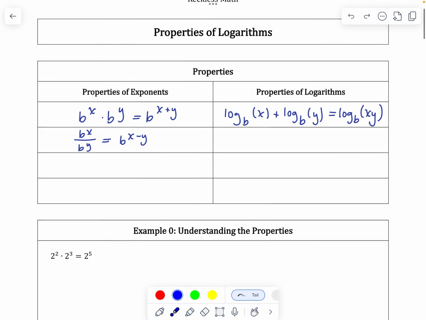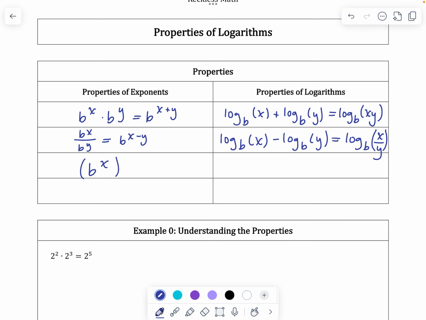If I'm subtracting 2 logarithms, log base b of x minus log base b of y, this is going to be, or can be written as, log base b of x over y. So subtraction outside of the logarithm implies division inside the logarithm.